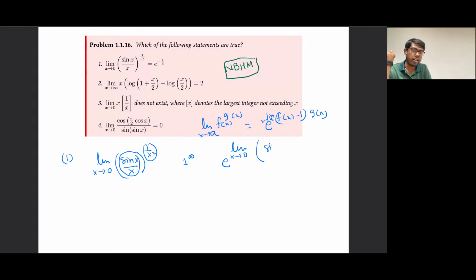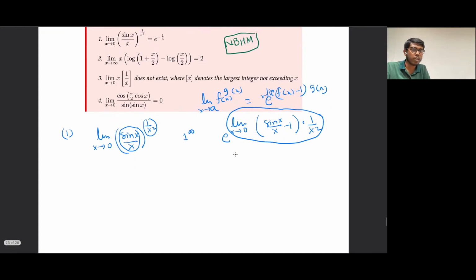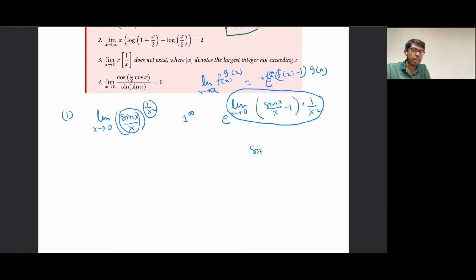So it's like (sin x / x minus 1) times 1/x². We just need to find this limit. So (sin x minus x) / x³, limit x tends to 0. This is 0 by 0 form, so we'll apply L'Hopital's rule.